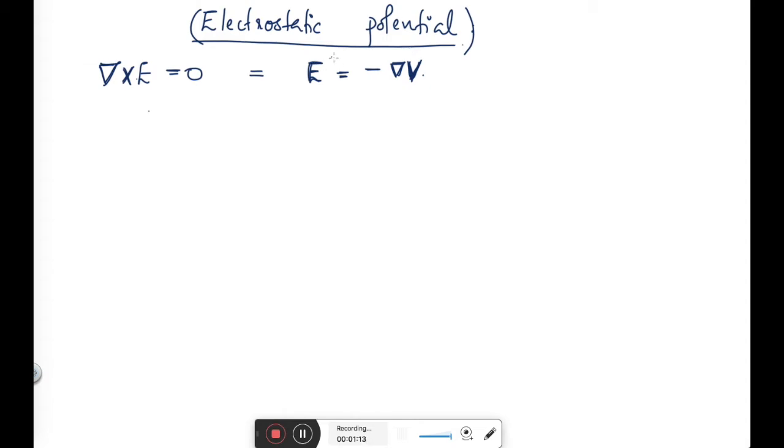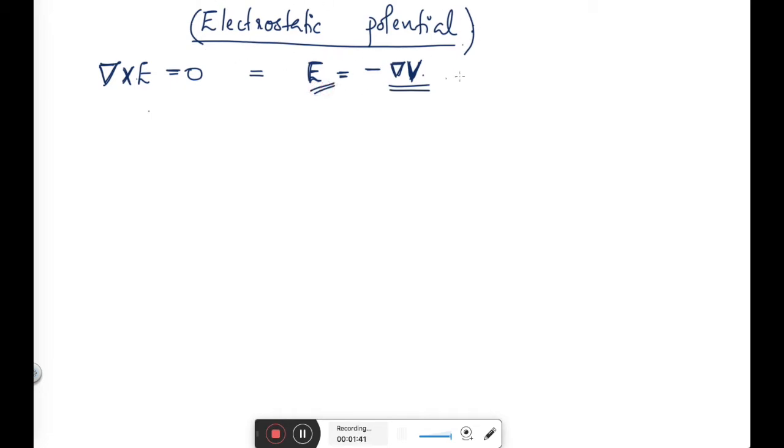We say that the electrostatic potential is the energy stored for unit charge when it is brought from infinity to a particular point where an electric field is experienced. That is the way you measure the potential of an electrostatic field.